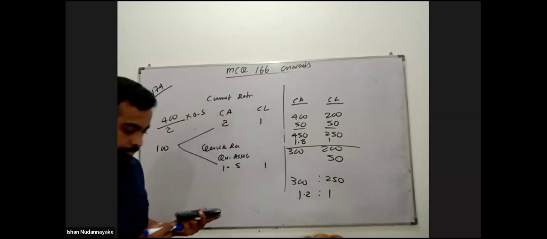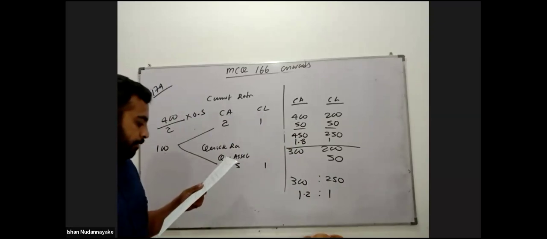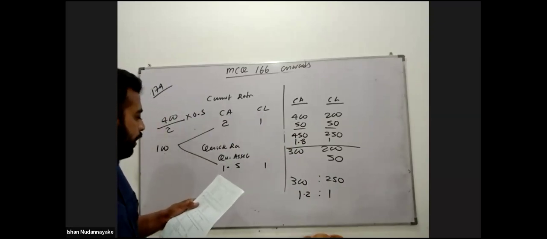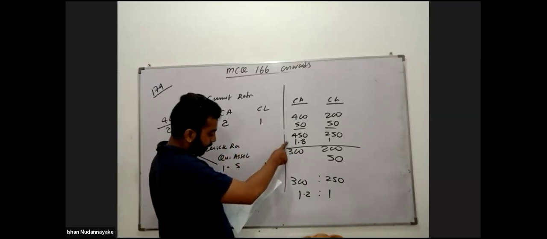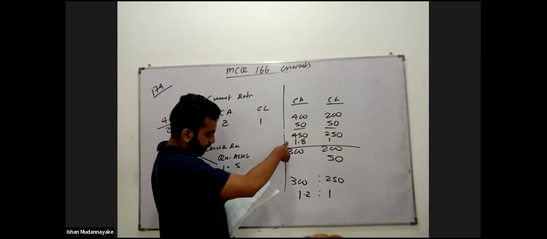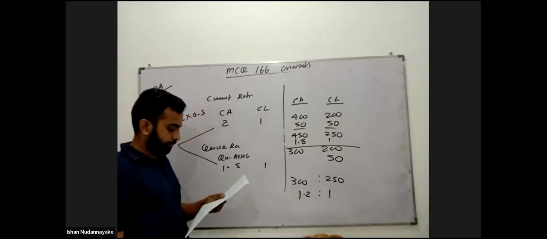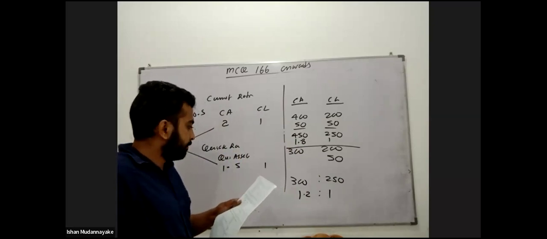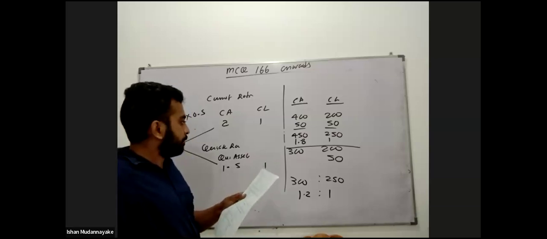This is the new quick ratio. So what's the answer for question 174? Previous current ratio 2 to 1, current ratio decreases. Quick ratio also decreases.